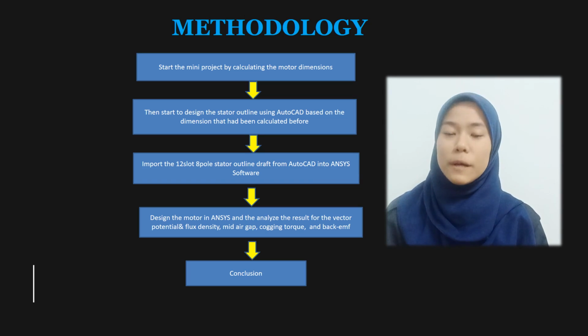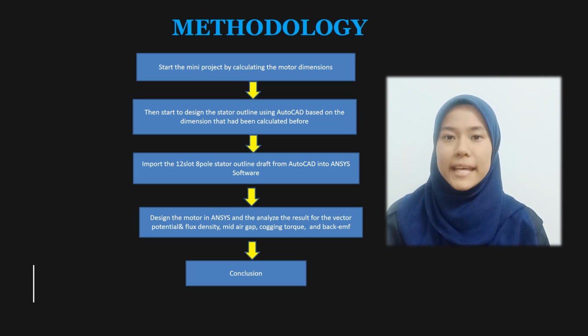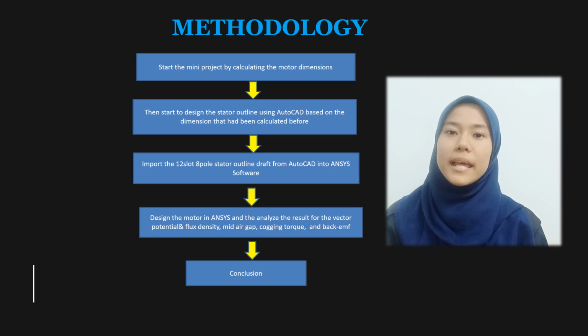After that, the 12-slot 8-pole stator outline draft design will be imported into the ANSYS software. We design the motor in ANSYS to analyze the results for the vector potential and flux density, air gap, cogging torque, and back EMF. Lastly, conclusions can be made based on the results that have been observed.